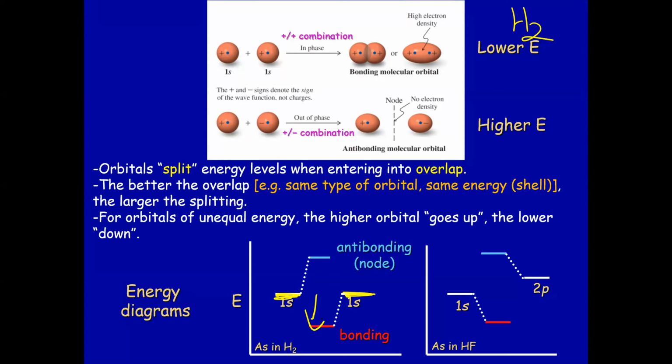For the antibonding, the energy goes up. And therefore, you will always prefer items that are in phase. Whenever you have orbital overlap, you will always use items that are in phase.